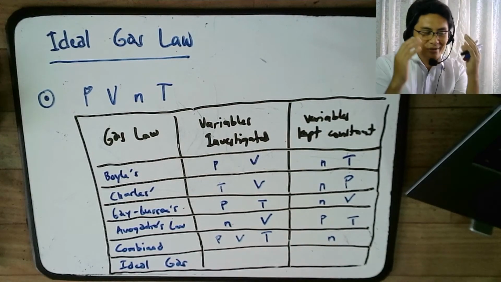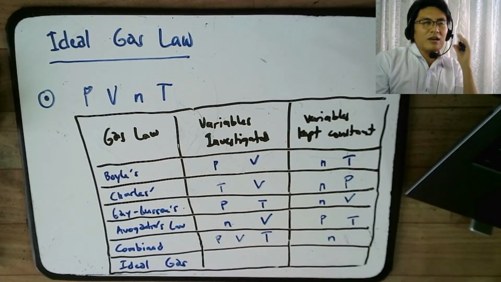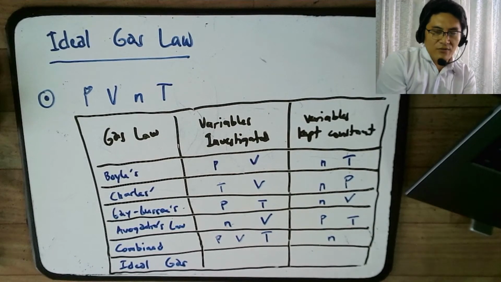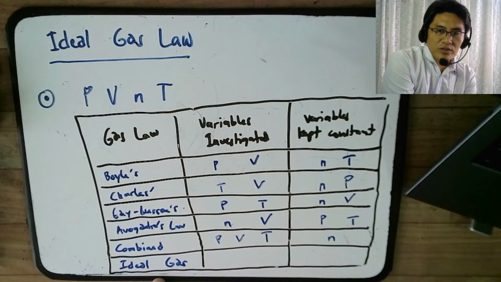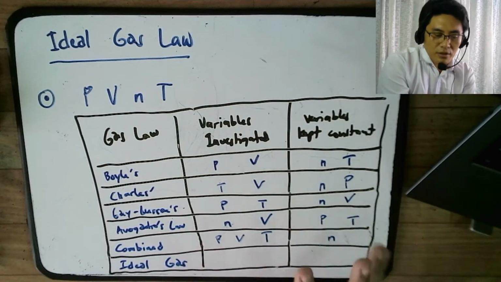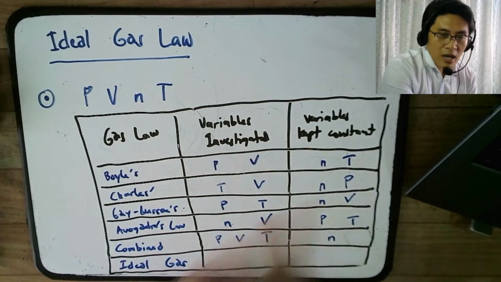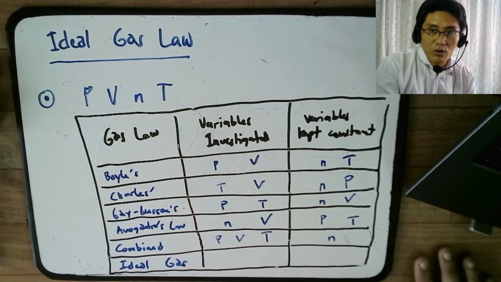But again, if you follow that logic, it's kind of inevitable: what if we invent a law that takes a look at all the variables, the four variables as a whole, and none of those four variables will be kept constant.